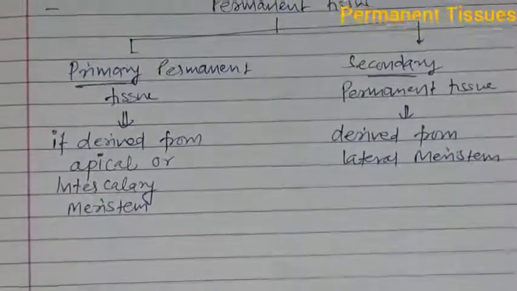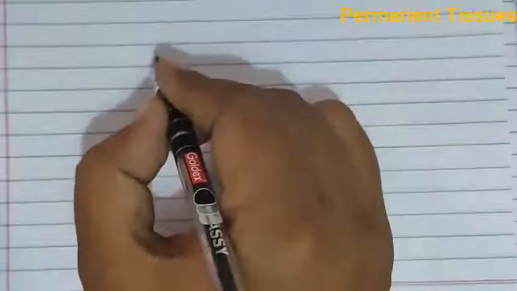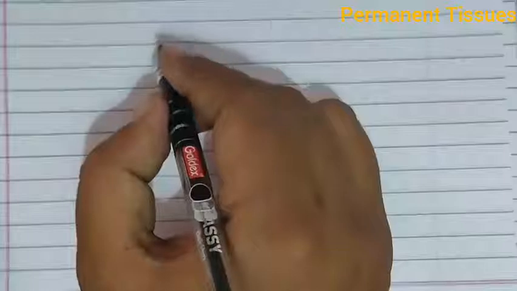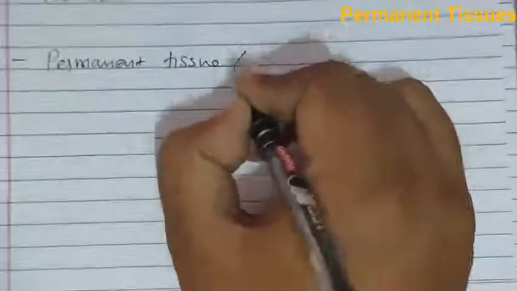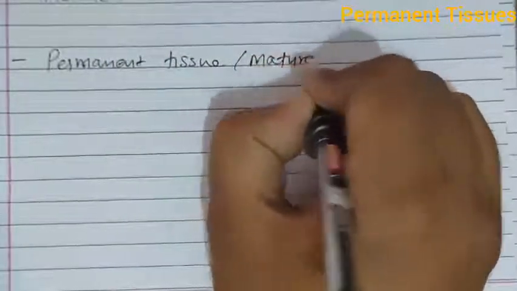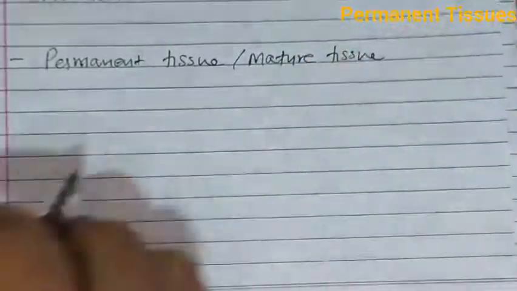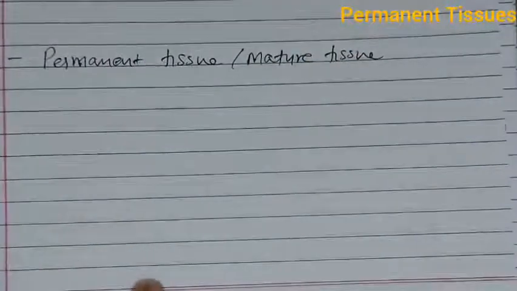The next classification of permanent tissue is based on structure and function. One more important point to remember is that permanent tissues are known as mature tissue, because meristematic cells are considered immature cells.